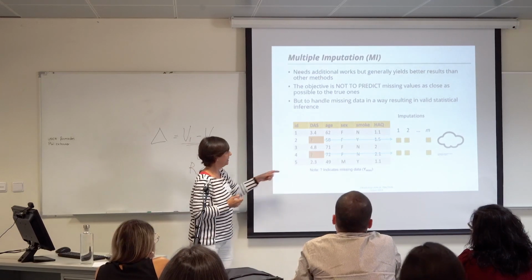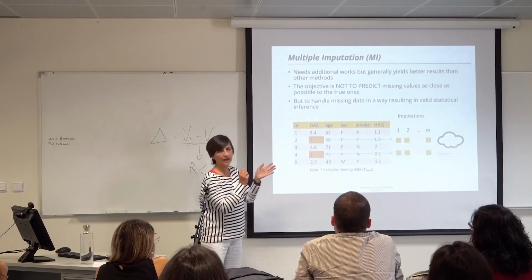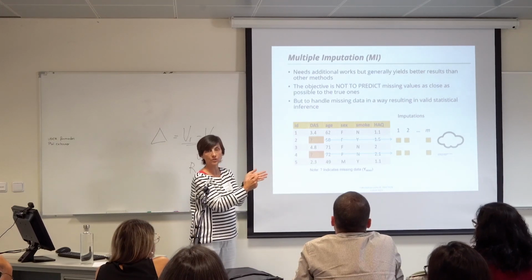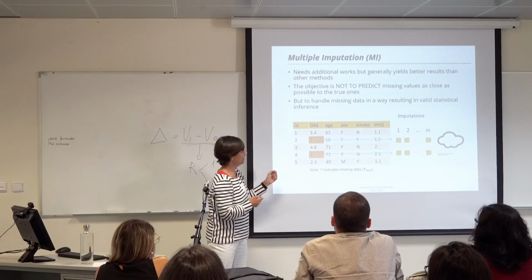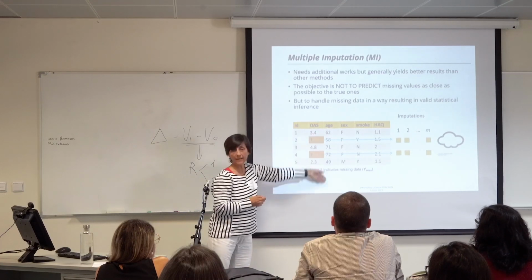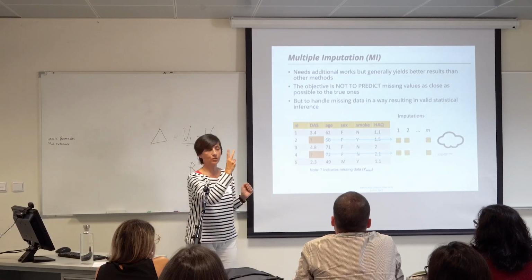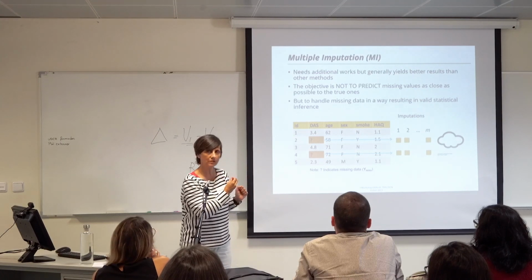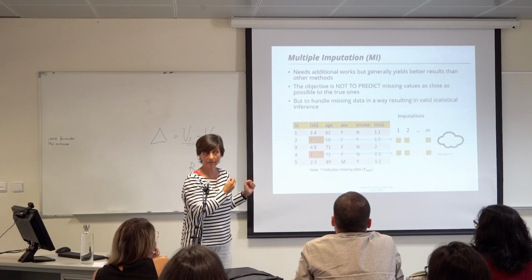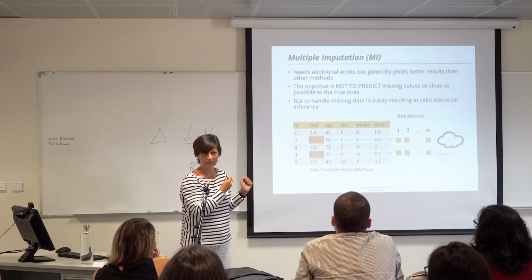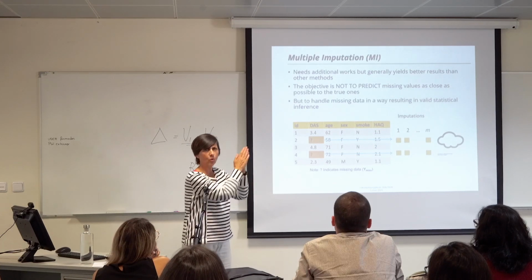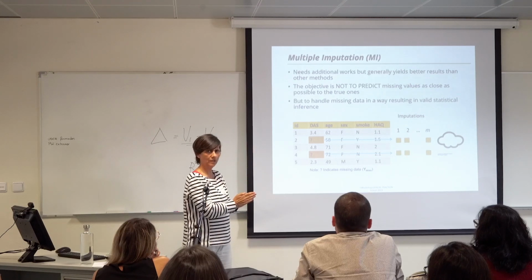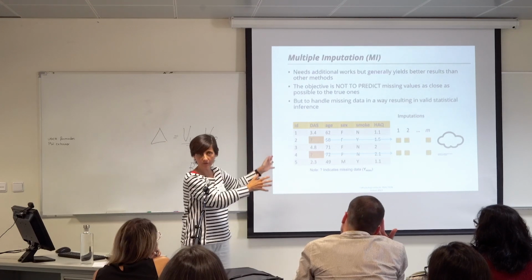Imagine you have sex missing, right? You can have 1, 2, but in the cloud, you can have a value that is 1.3. In sex, what's 1.3? I know 1 is man, 2 is woman, 1.3 is part of my cloud, okay?